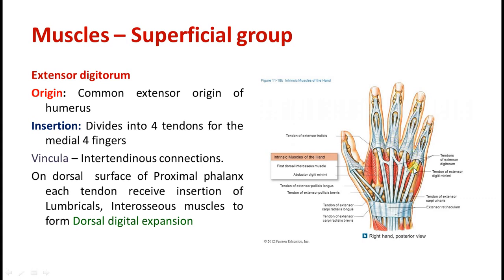Through it, they are going to get inserted into the proximal phalanx and the middle phalanx. So extensor digitorum tendons take part in the dorsal digital expansion. We will see what the dorsal digital expansion is. Before that, they bring about extension at the MCP, that is metacarpophalangeal joint, and the interphalangeal joints.